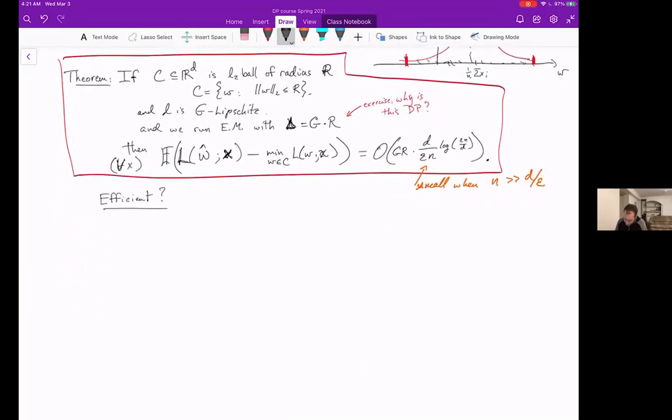Nevertheless, the answer is yes, sort of, if L is convex. But no, not in general. And even when it's convex, this is polynomial time, but not super efficient.